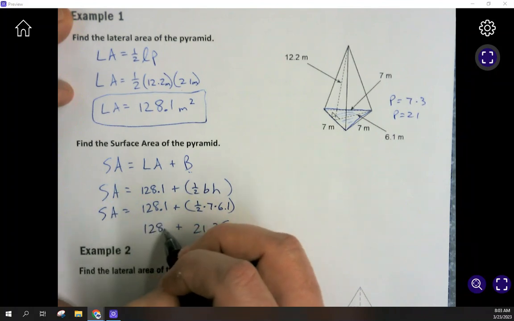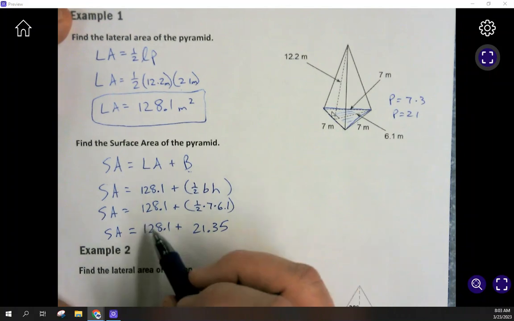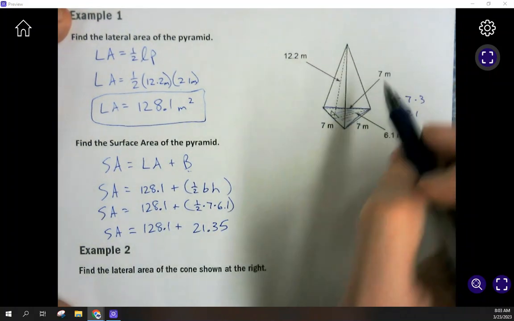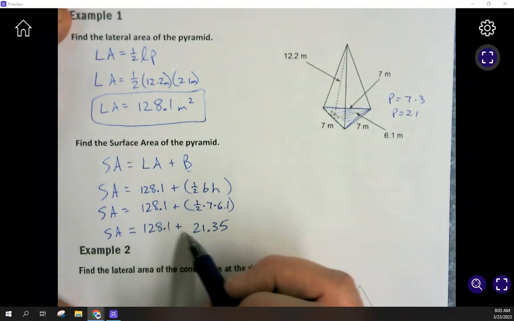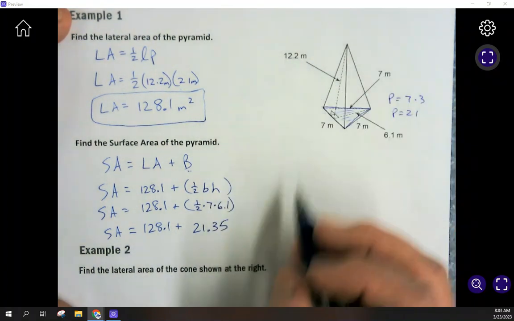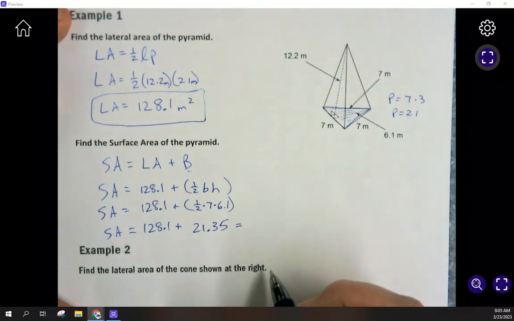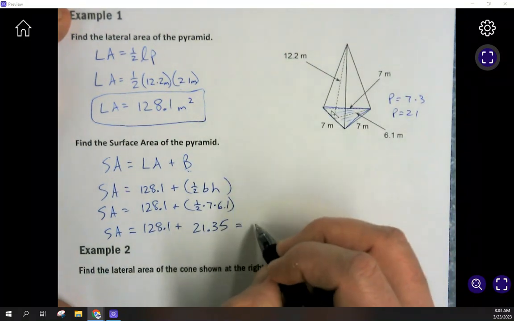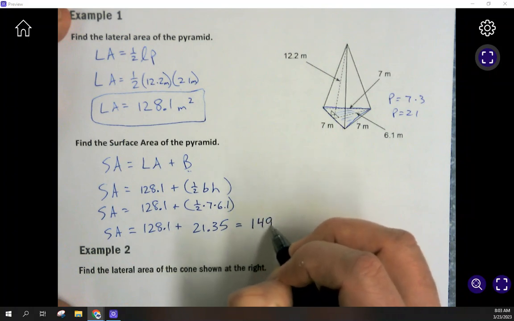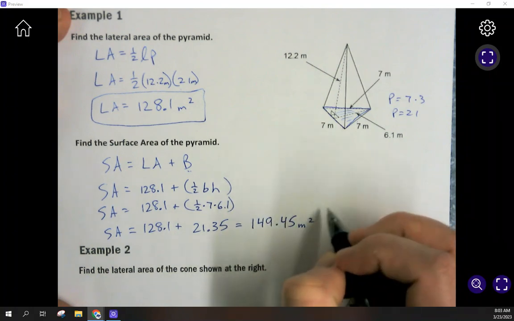And we still have the lateral area sitting there. So the area of all of the lateral faces is 128.1. The area of the base is 21.35. So the total area, the total amount of material that's needed to make this shape on the outside, when you add that up, comes to 149.45 meters squared.